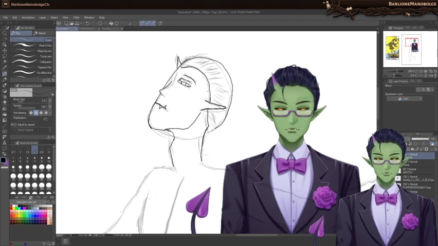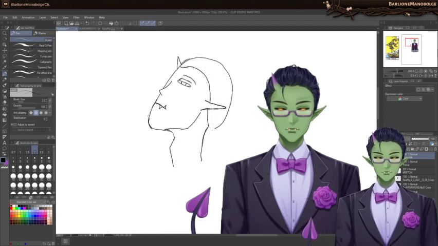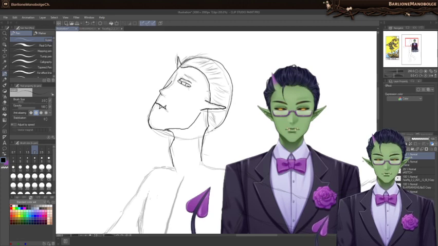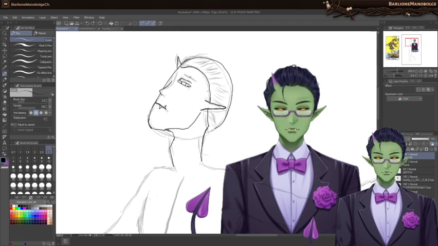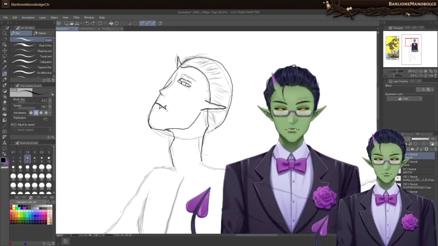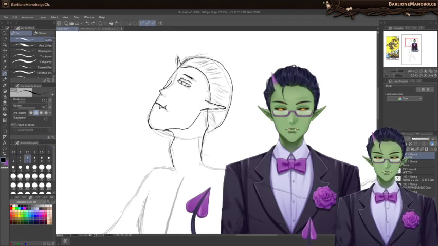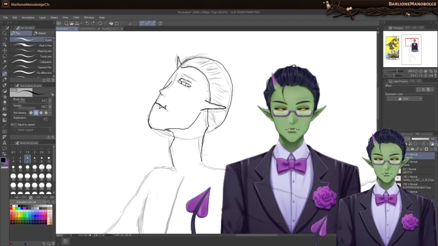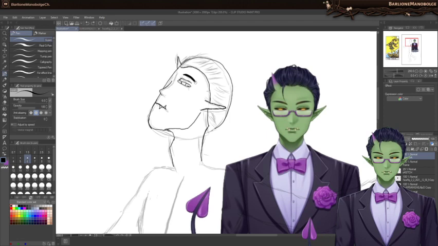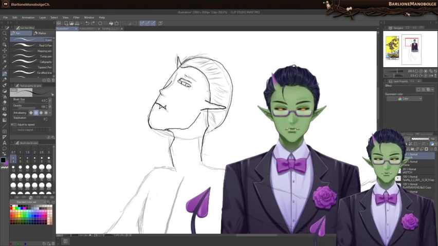Just drawn the eyebrow for something to do. Eyebrow could be a bit thicker. Let's see, I believe this is the button that increases brush size. It is. Maybe a bit smaller.